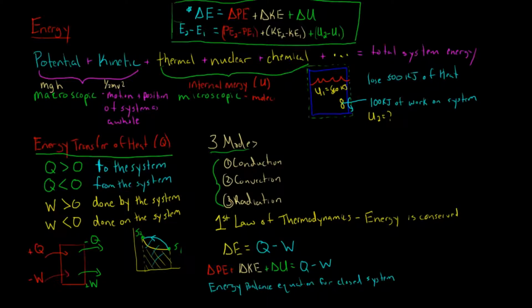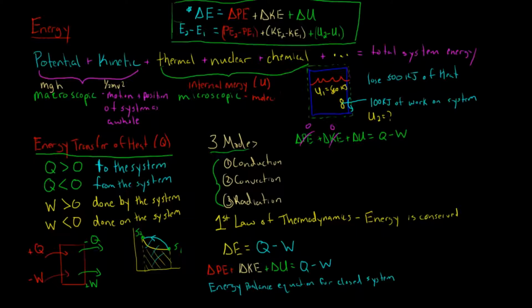So if we write our energy balance equation, we have our change in potential energy plus our change in kinetic energy plus our change in internal energy is equal to our heat minus our work. And our potential energy and kinetic energy are going to be 0 because our system's not moving, our system is stationary. This entire green box that I've drawn, it's not moving, even though the water inside could be.